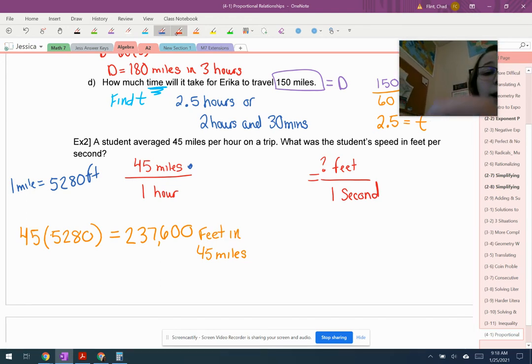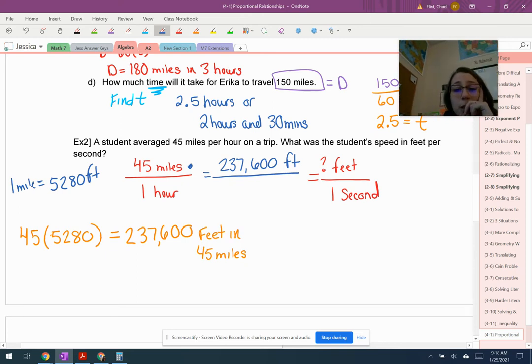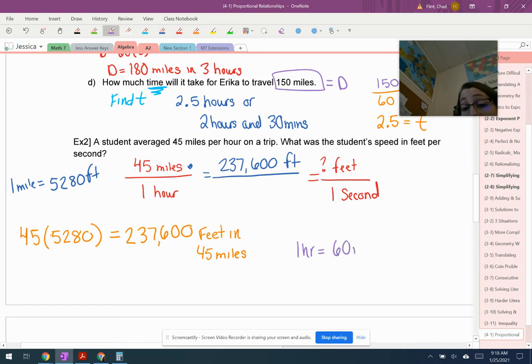So we have that now that can go on the top of our fraction. 237,600, and that I'm going to label with feet. Now, on the bottom, we need to take hours and we need to turn that into seconds. Well, I know that 1 hour is equal to 60 minutes, but that still doesn't get me seconds.